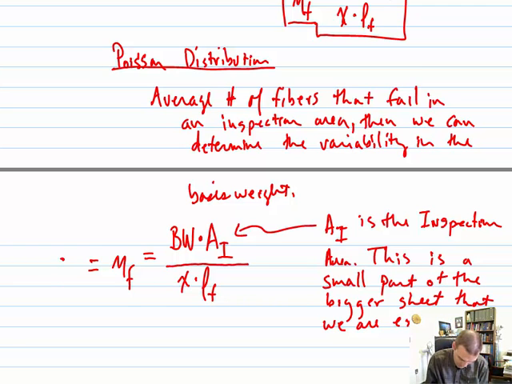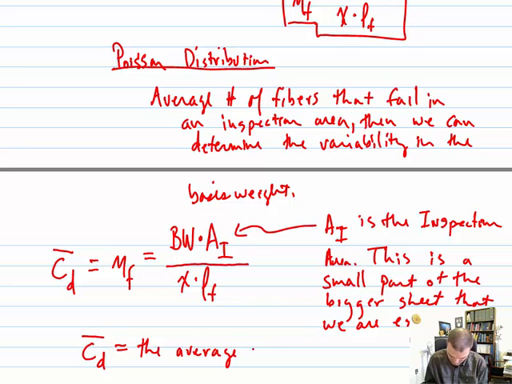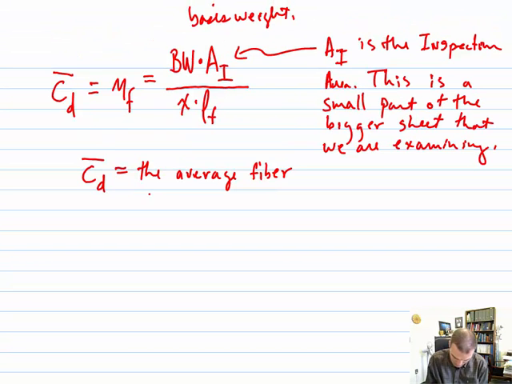So I'm going to give this the term C sub D bar, where C sub D bar is equal to the average fiber center density.